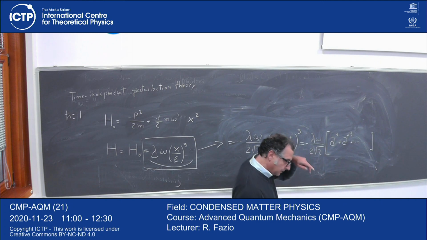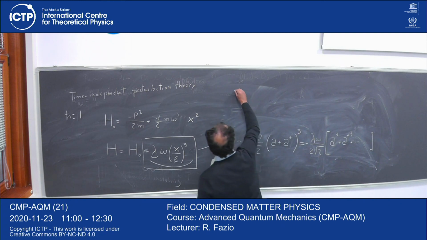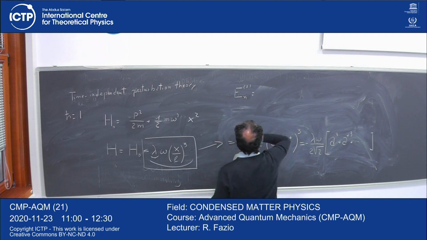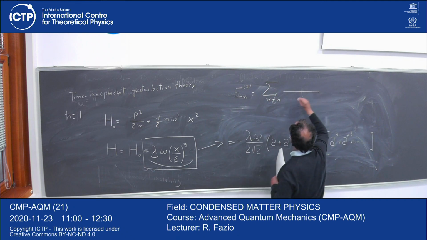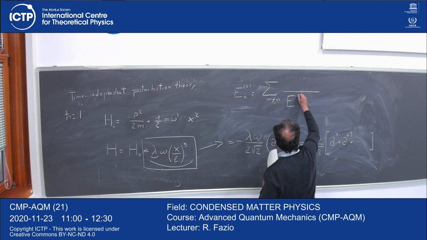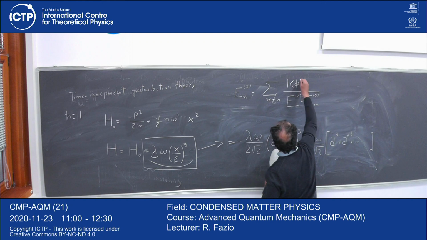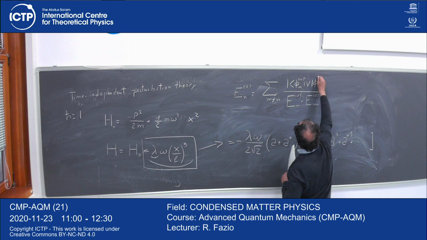Now, do you remember that the second order correction to the eigenenergies was the sum over m different from n of 1 over E 0 n minus E 0 m, and then the probability, phi 0 of m V phi 0 of n modulus squared.